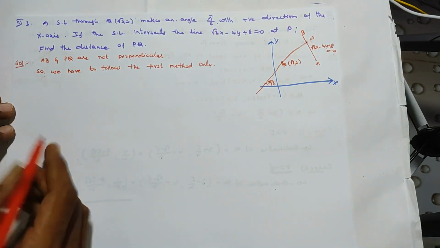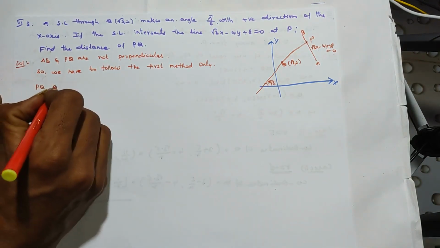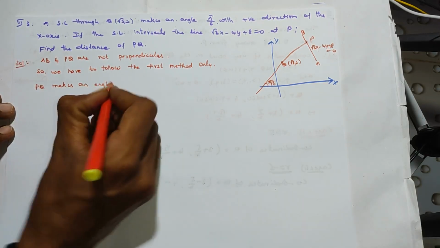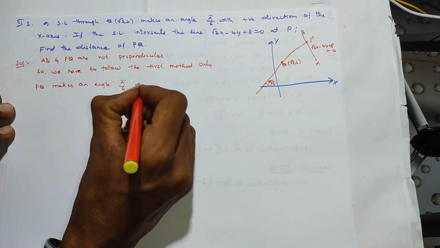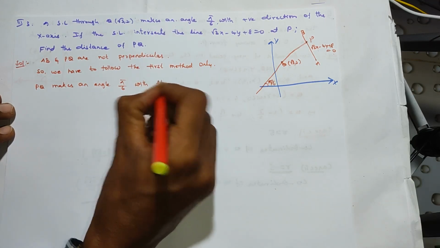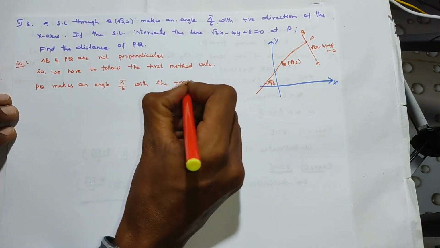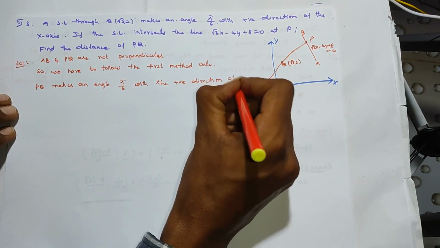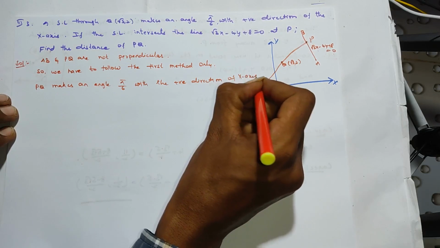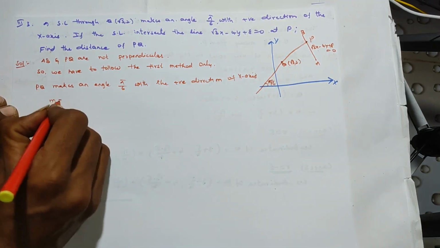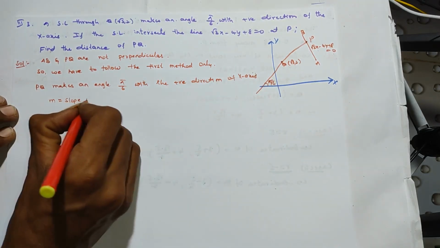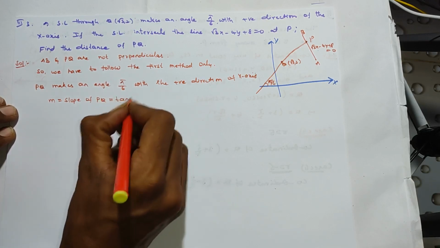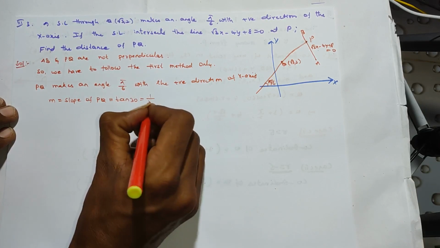That is, PQ makes an angle pi by 6 with the positive direction of the x-axis. So m is equal to the slope of PQ, that is equal to tan pi by 6, that is tan 30, which is equal to 1 by root 3.